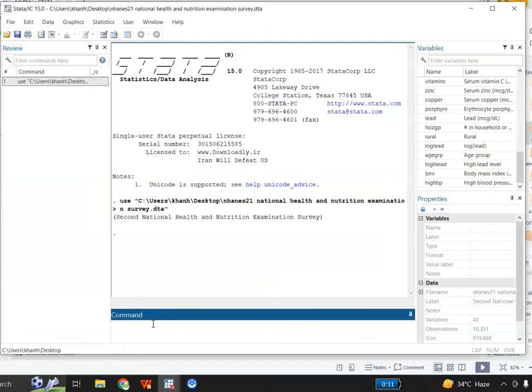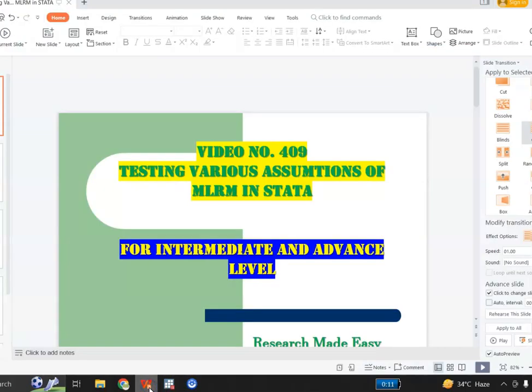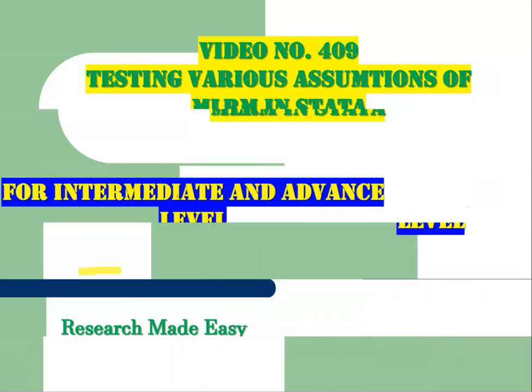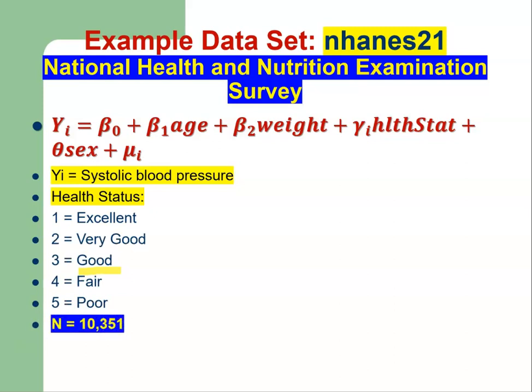I have already opened my data file, and before doing this, let me tell you that I'm using this model. This is the model that I'm going to estimate, and then I'll test various assumptions of this model. In this model, I'm going to use two independent variables, age and weight, which are continuous, or scale, or numeric variables, and two are categorical, that is health state and sex, male or female.